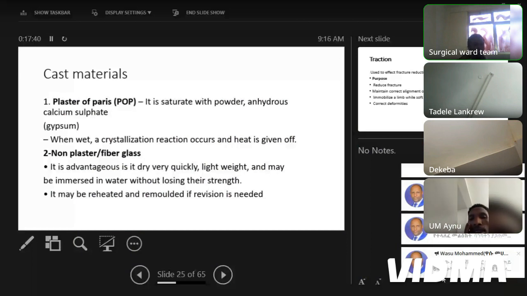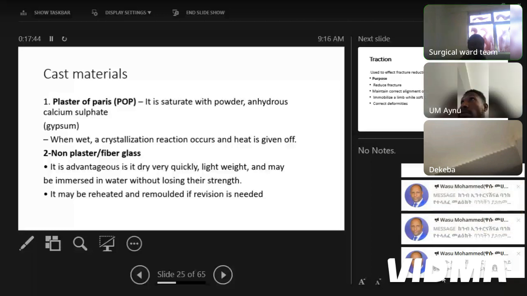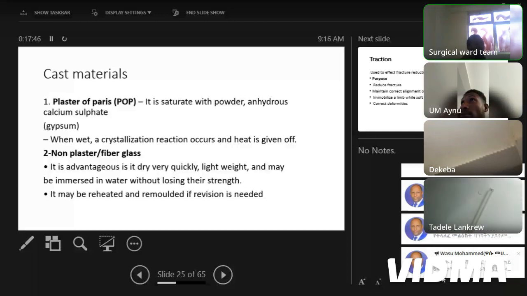When wet, a crystallization reaction occurs and heat is released. Casts can also be made from fiberglass. Its advantages are that it dries very quickly, is lightweight, and may be immersed in water without losing strength, because it is made from what? Fiberglass, or glass. So it may be reheated and remolded if revision is needed.